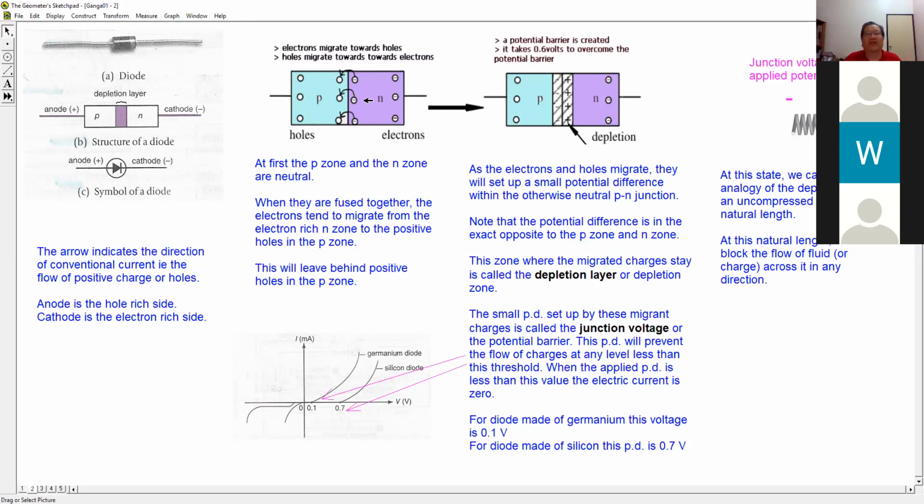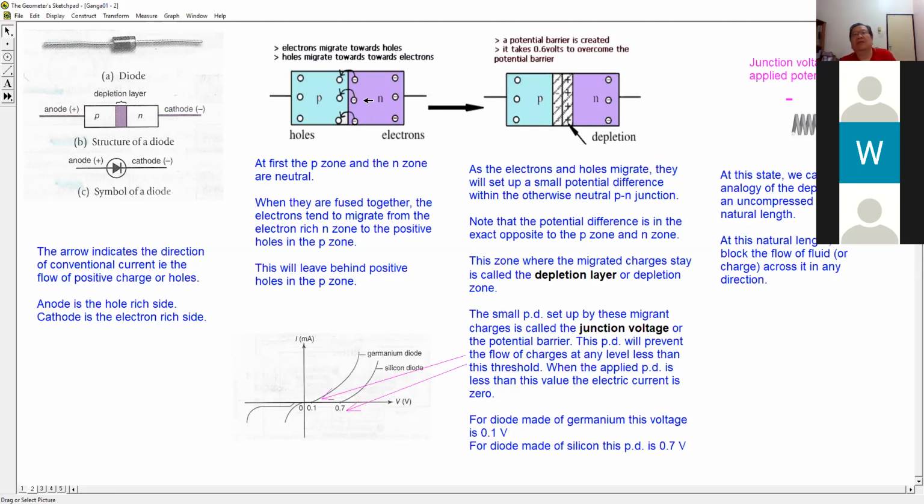Now, when you join the P and N together, something starts to happen, because the P is rich in positive charge or holes, and the N is rich in free electrons. The electrons will migrate at the junction, at the border, over to the P side, to fill up the holes there.